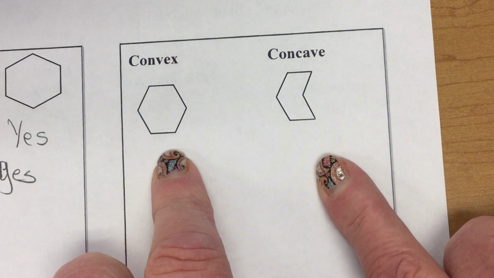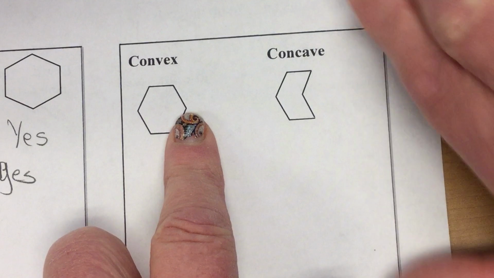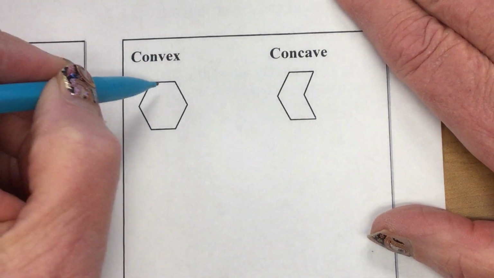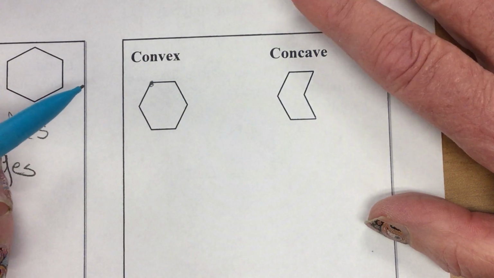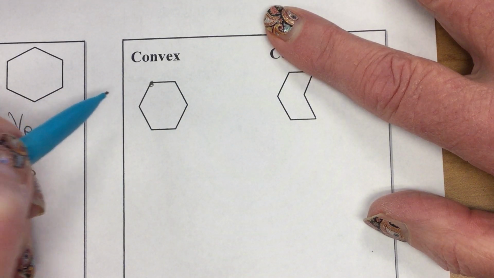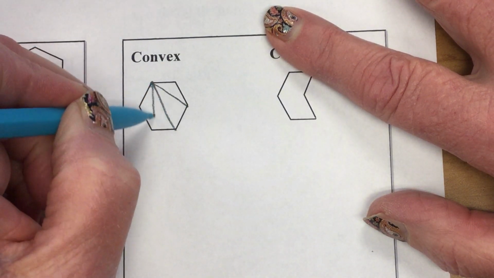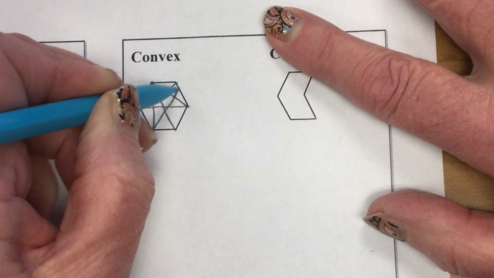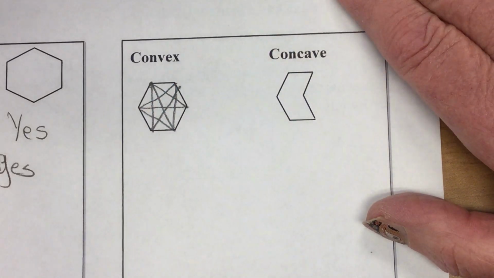Then we have convex and concave. Now, by definition, a polygon is convex if I can connect any two non-adjacent vertices and stay inside the polygon. So if I connect any two non-adjacent vertices, I will stay inside the polygon.